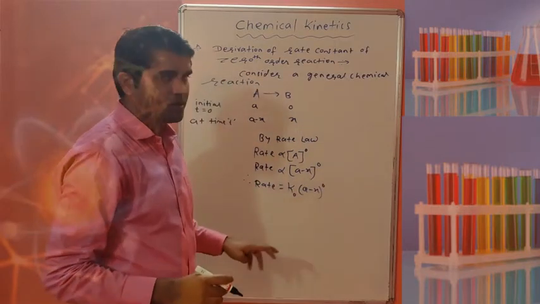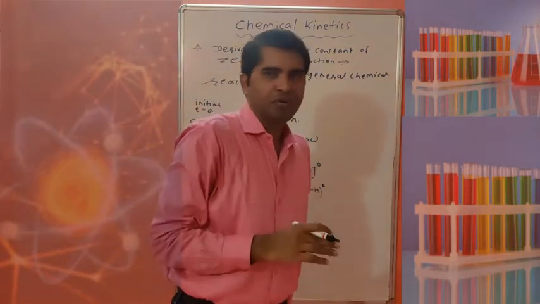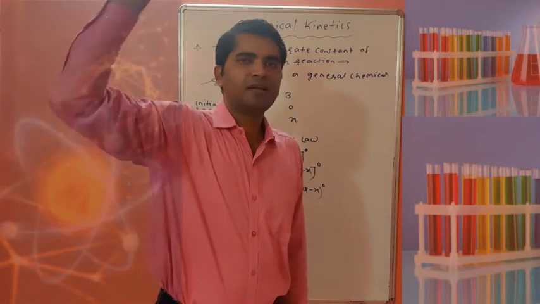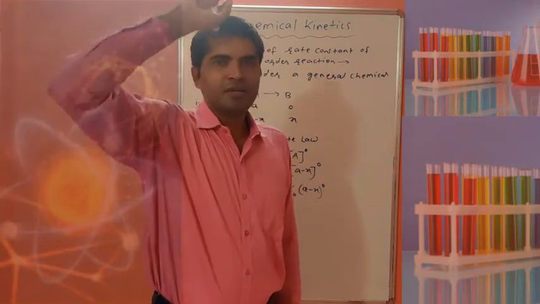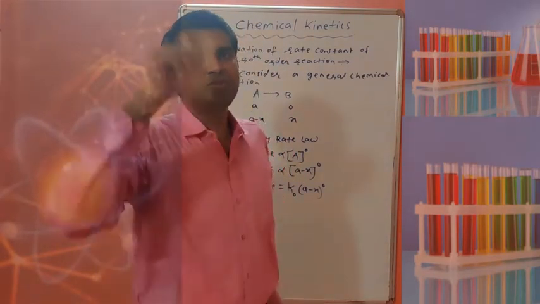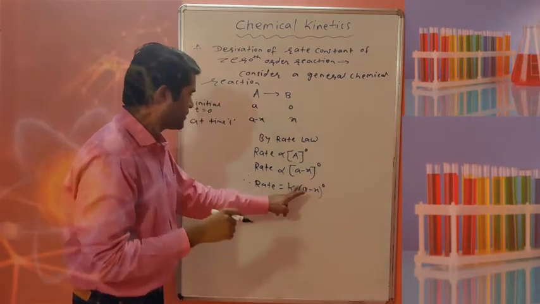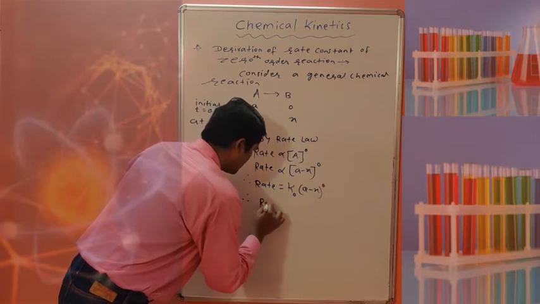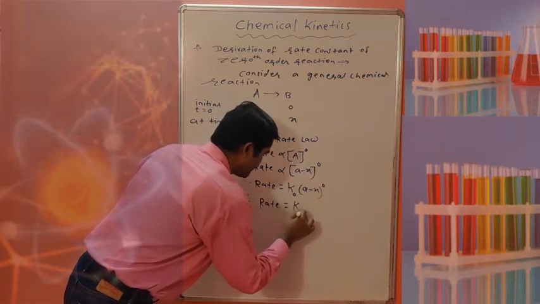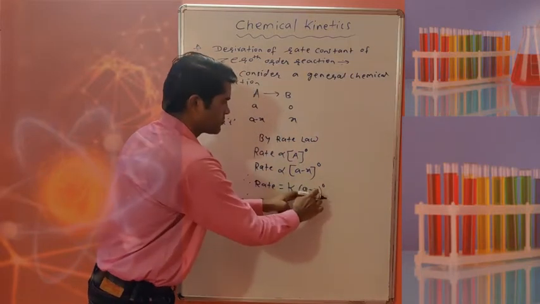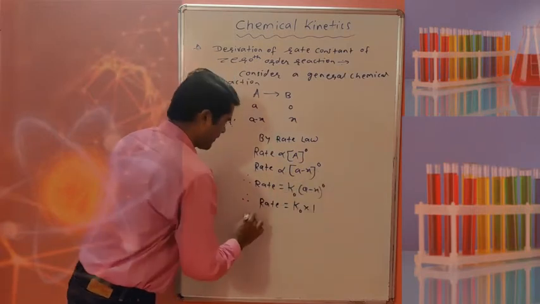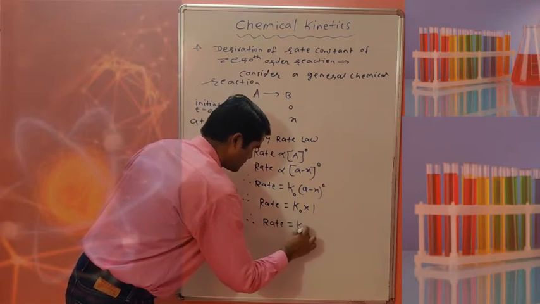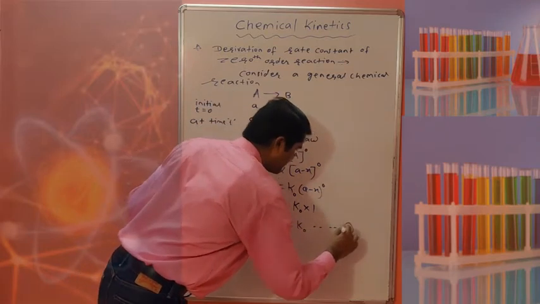But any number raised to 0, whether 9, 99, 99999, or 1000 kilometer, raised to 0 is always 1. So (A minus X) raised to 0 is 1, and therefore rate is equal to K0 into 1, that is, rate is equal to K0.